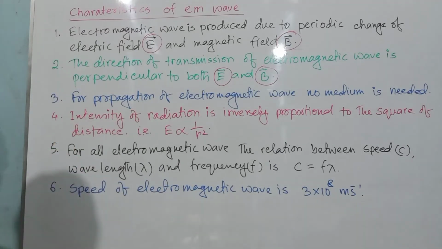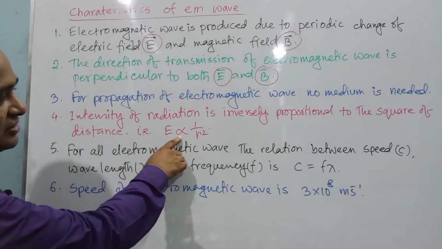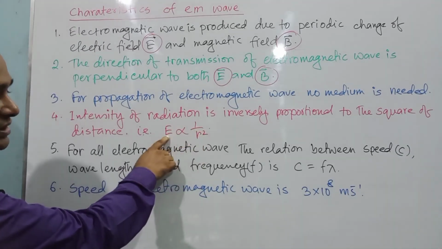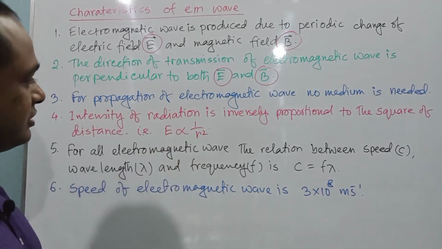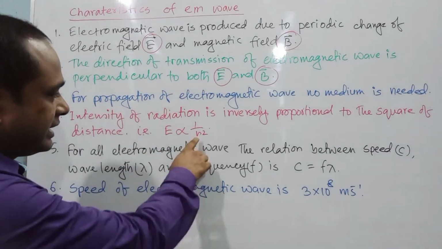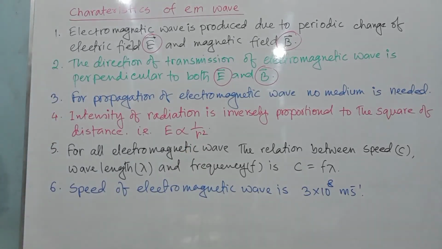And in fourth, the intensity of electromagnetic radiation is inversely proportional to the square of distance, that is, I is directly proportional to 1 by r square. Here I is the intensity of electromagnetic wave, and r is the distance of the point at which the intensity is measured.